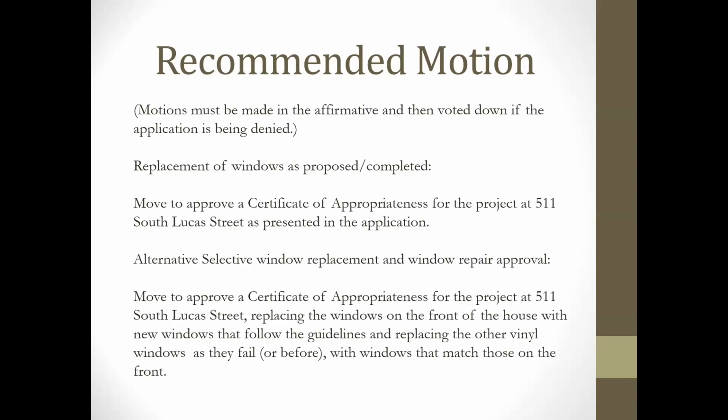Let's say their windows fail and they want to replace them. Will they still have to come through your office to replace them? Technically, yes, they should come back through our office. At the same time, they will know what their approved window is.